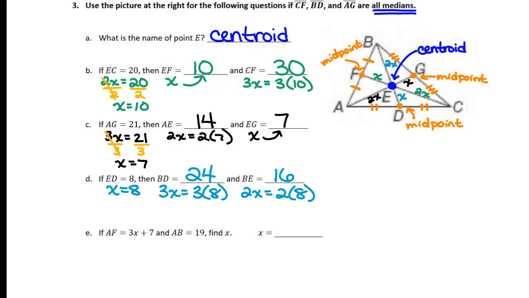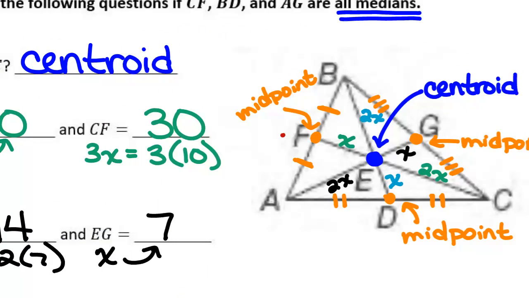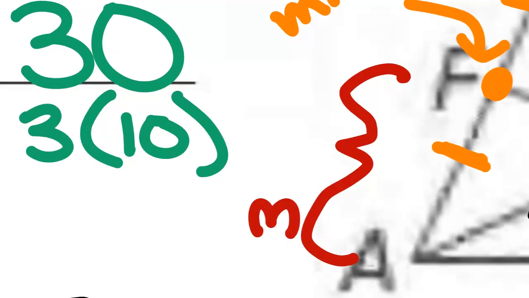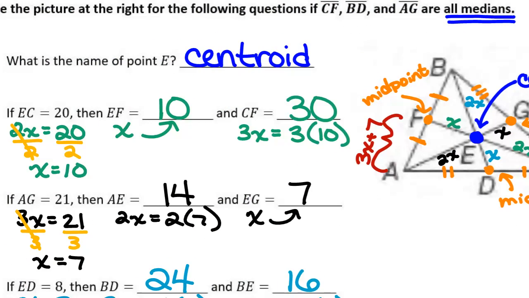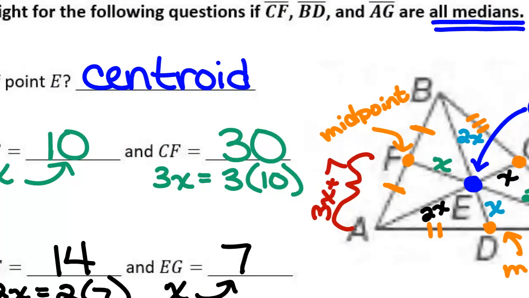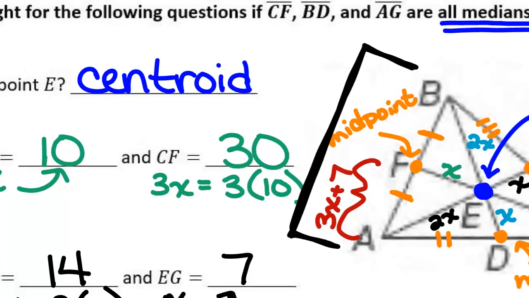All right, last part, part E. It says that AF is equal to 3x plus 7. That's this right here. And that AB, from here all the way over, is 19.